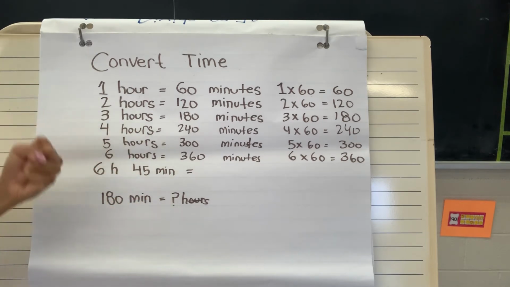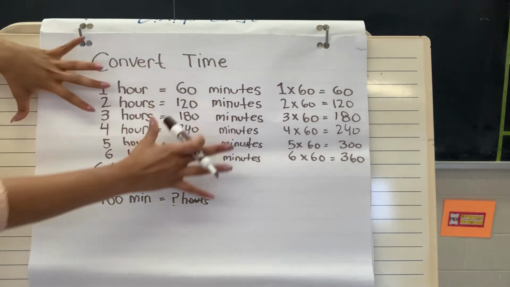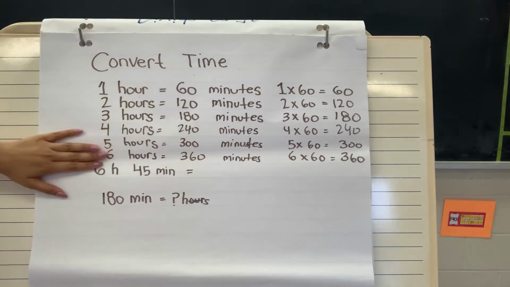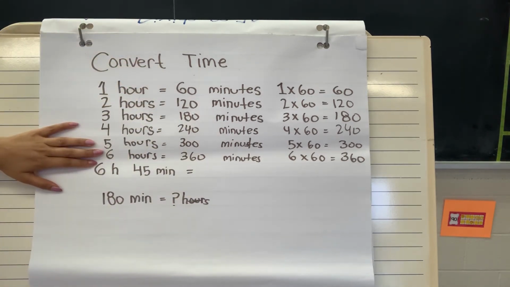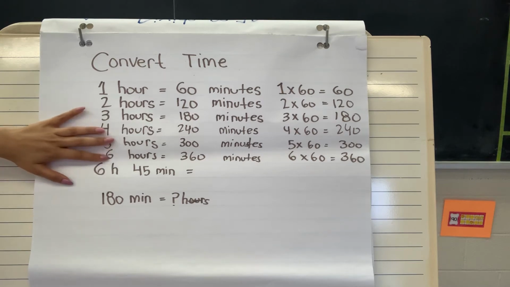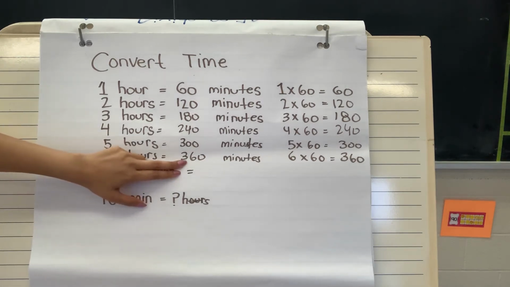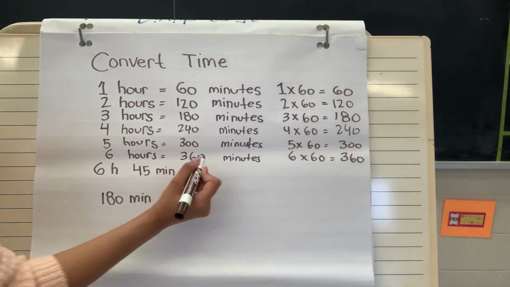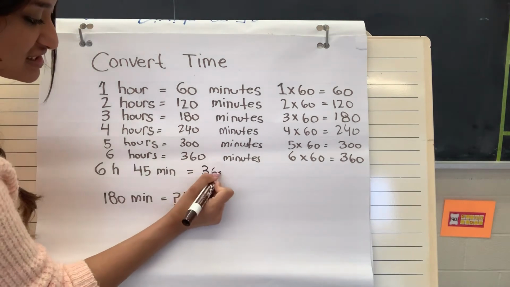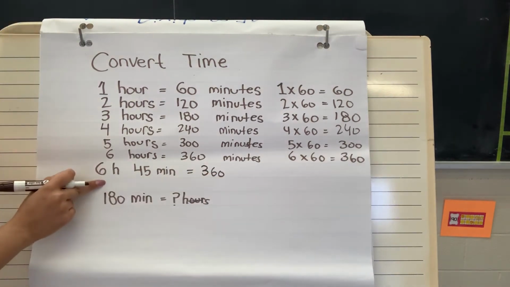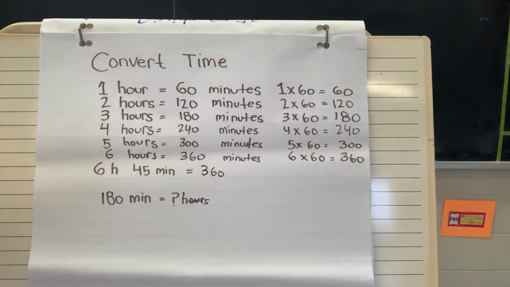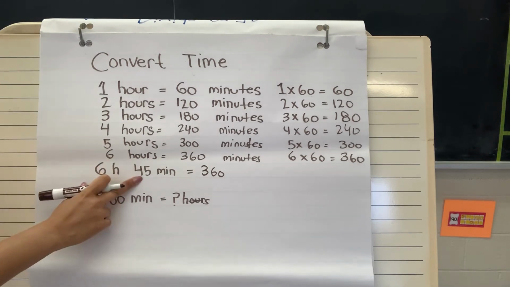Since you have a chart right here in your hands, that is telling you that 6 hours is actually how many minutes? It is 360 minutes. So we have 360 for 6 hours. And how many minutes do we need to add to 360?